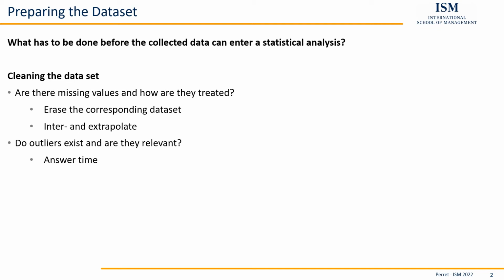Well, if someone answers very fast, it could mean they simply clicked through the questionnaire without even reading the questions. If someone takes too long, they might be preoccupied with doing other things on the side or having a break in between, so they're not really concentrating on the questions. That's why I should delete outliers from the answer time.